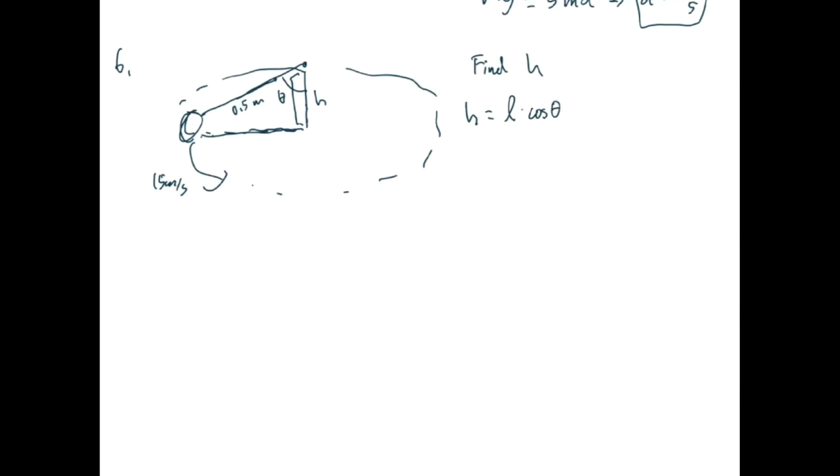So the problem is equivalent to just finding what theta is. Okay. So now let's see what happens to the ball. It has two forces on it again. It has tension and it has gravity. And if we extend this, the angle is still theta.